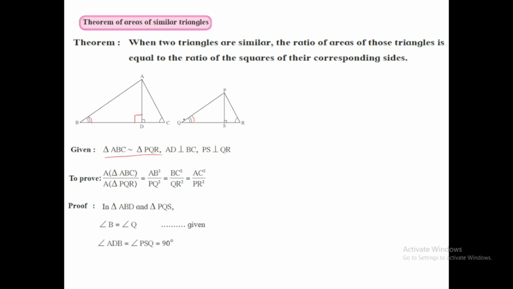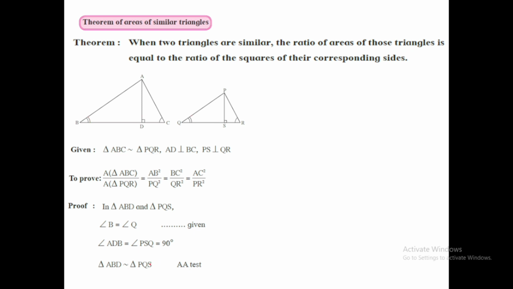This angle must be of measure 90 degrees because AD is perpendicular to BC. In the same way, angle PSQ is also 90 degrees. So these two angles must be congruent as each has a measure of 90 degrees. So by having these two elements, we can say these two triangles are similar by AA test. That's why triangle ABD is similar to triangle PQS by AA test.